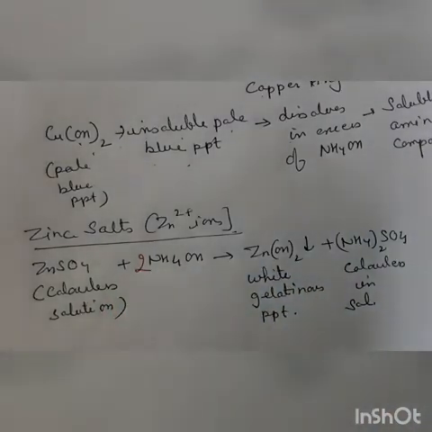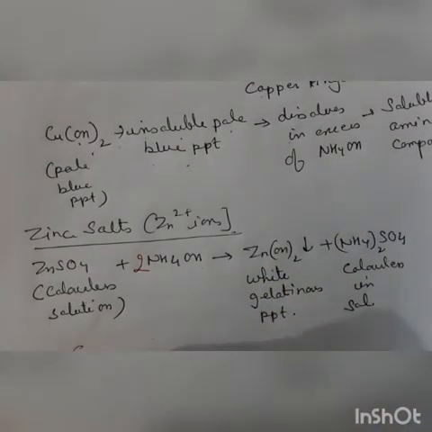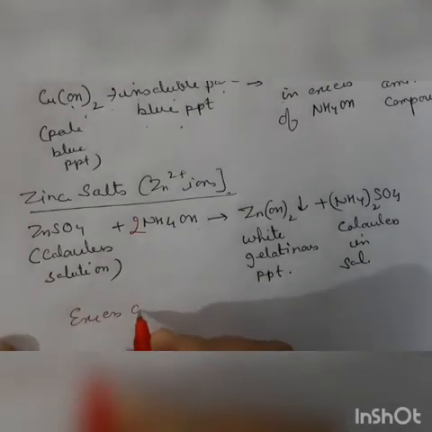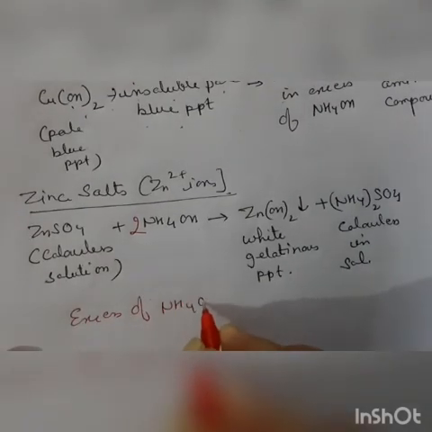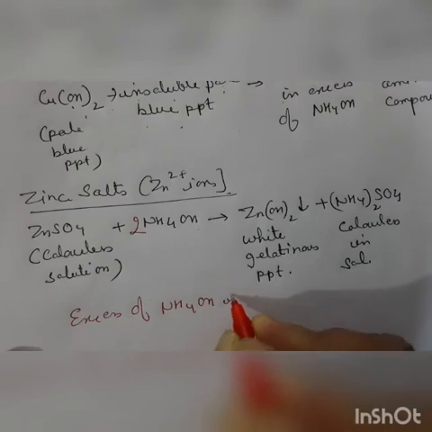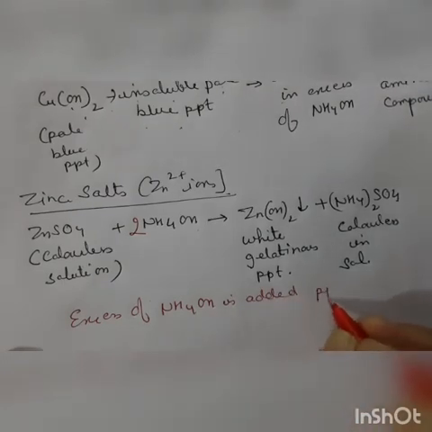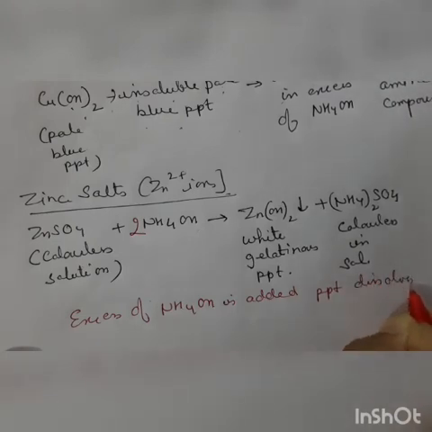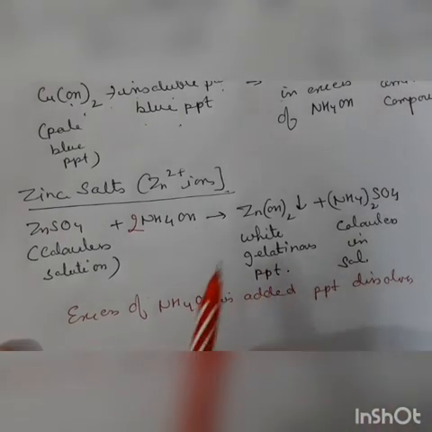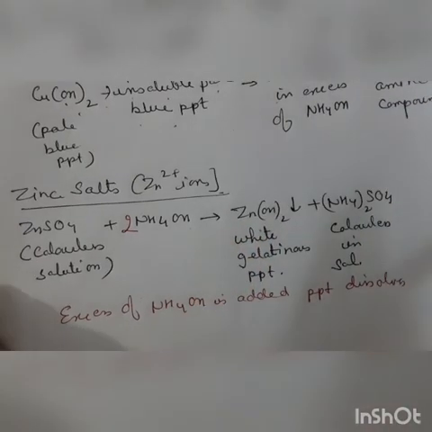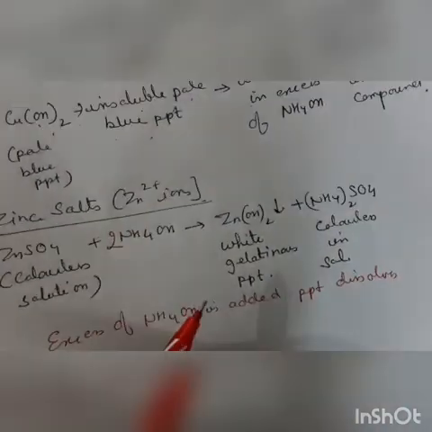Now an excess of ammonium hydroxide is added. PPT dissolves. White gelatinous PPT of zinc hydroxide dissolves. Now we will see the equation.